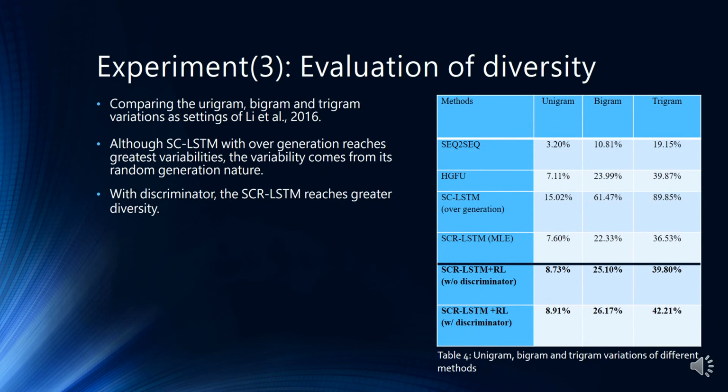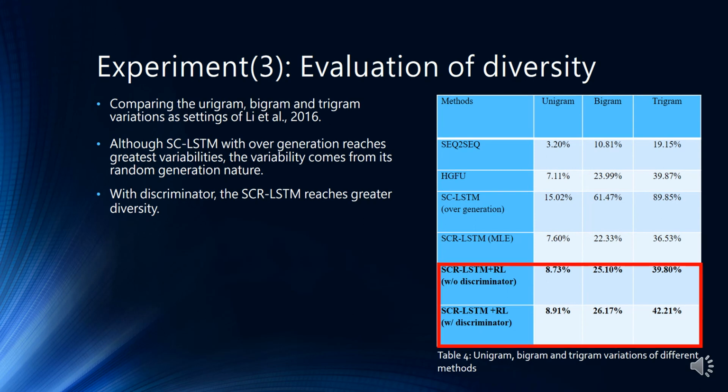To automatically evaluate the diversity of our method, we adopt the design of Li et al. in 2016 by introducing unigram, bigram, and trigram. The higher the different grams, the more diverse the generated sequences are. We can state that SC-LSTM with overgeneration reaches the highest diversity, but the diversity is because the generation process is by random selection in this method.